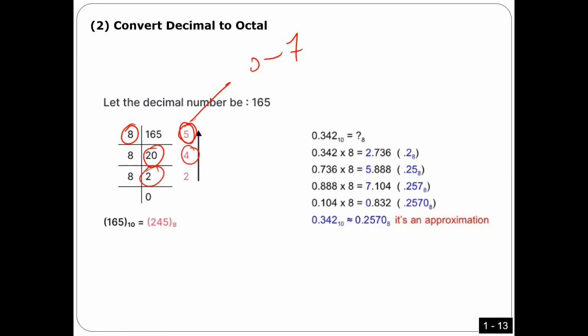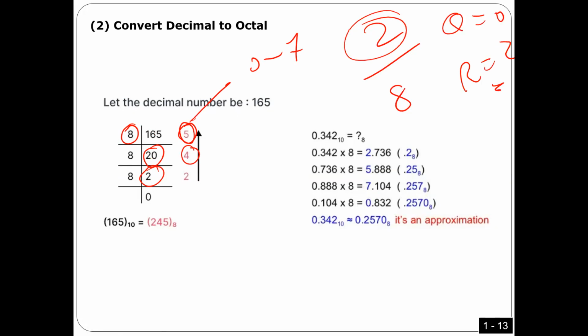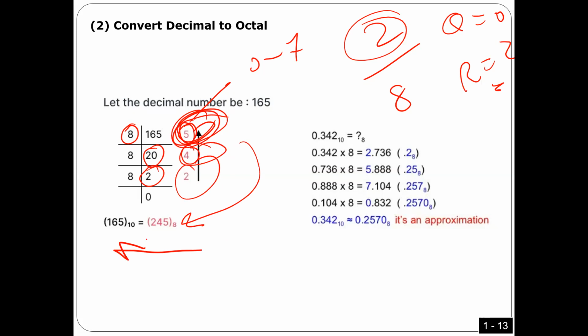When you divide 2 by 8, the quotient is 0 and the remainder is 2, because I don't have enough to make a group of 8. Similar to what we did before, these remainders are the digits, and the first one I get goes on the right, moving right to left, similar to the binary case.